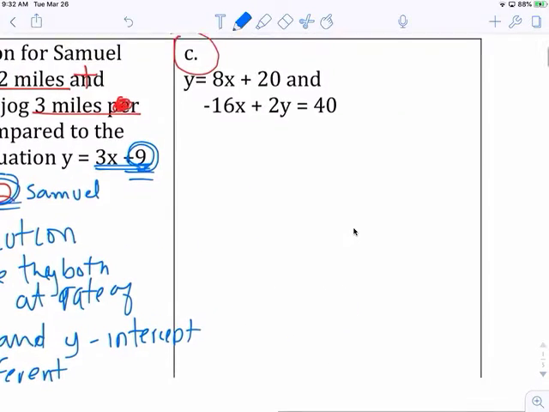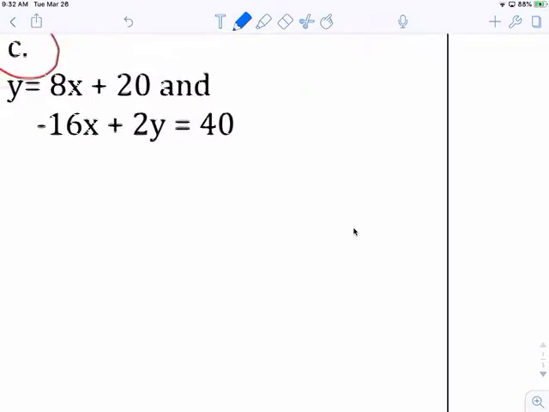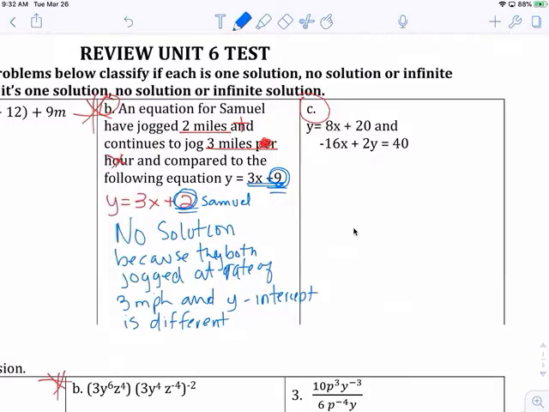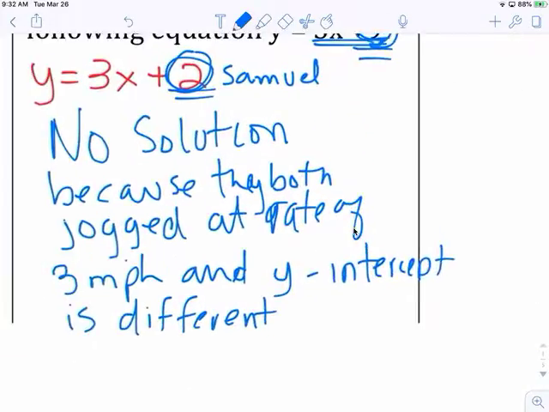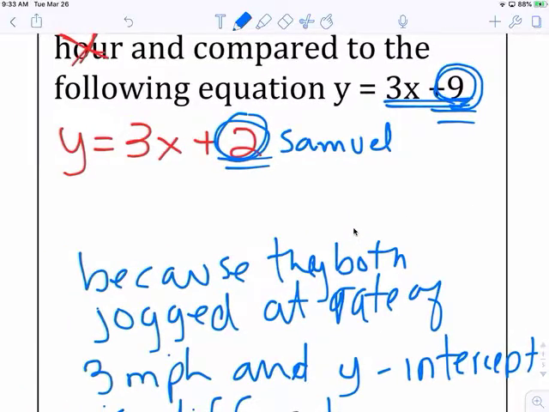Alright, most of you said you know how to do this. Solve it for the rate of change. Compare. You can tell me what the graph is doing. No solution. Samuel, no solution.